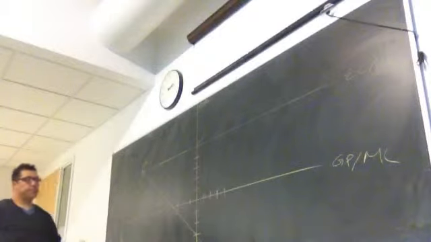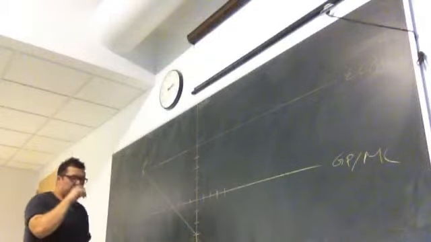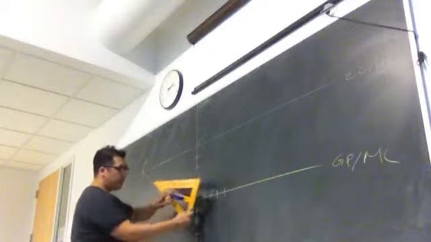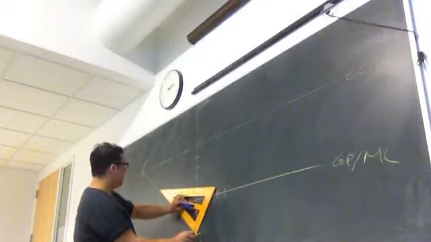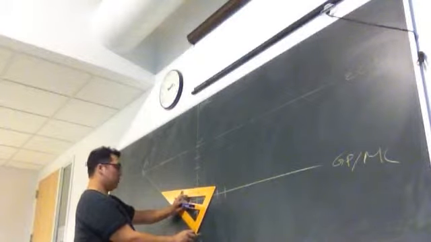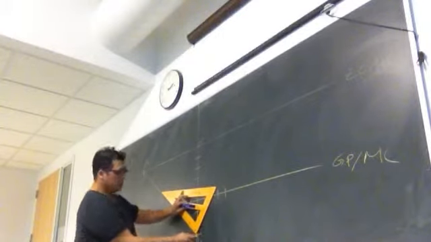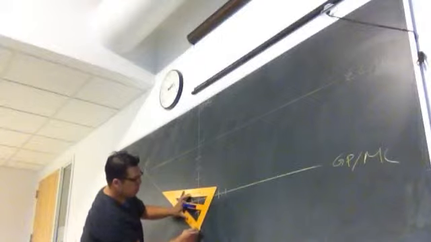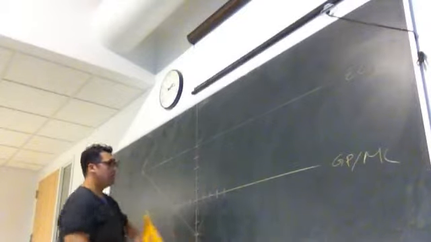Alright. So now to find vanishing point 2, it's 90 degrees. Like so.